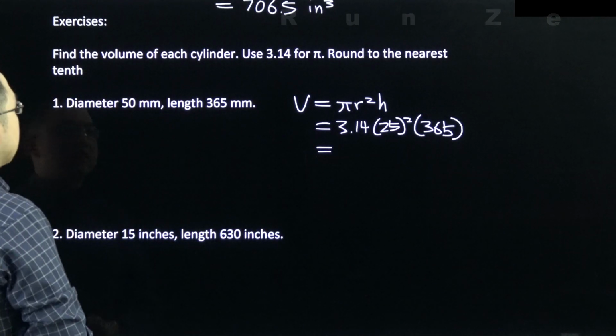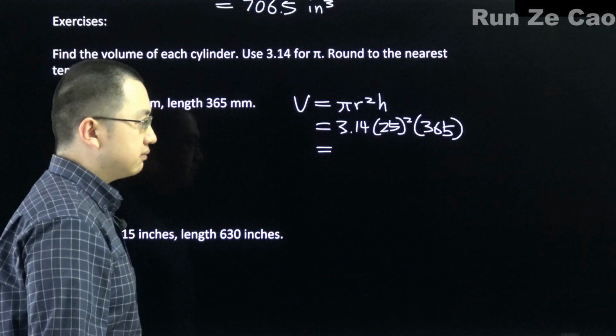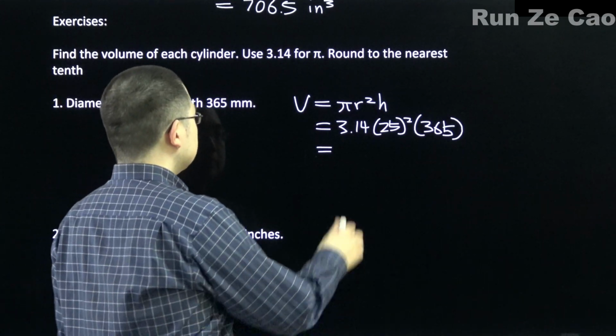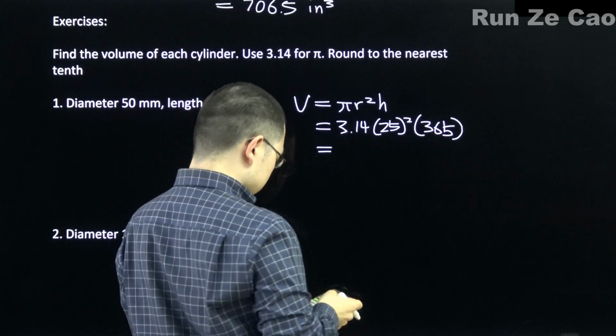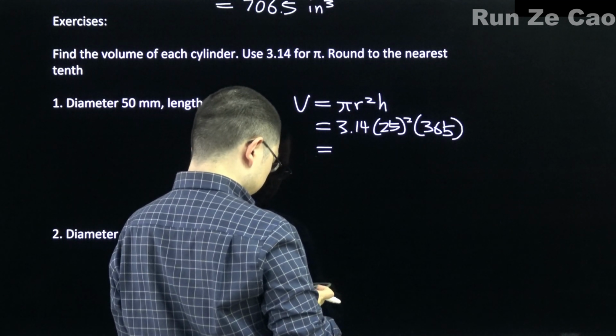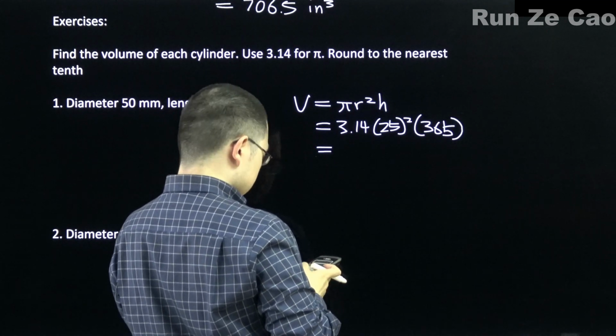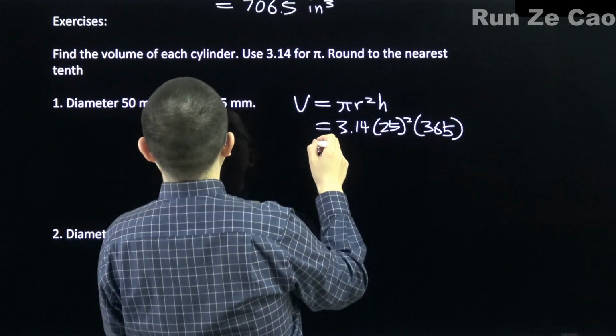Now the way that this says length suggests that this is a cylinder that's lying on its side. Now 25 squared times 3.14 times 365. Round to the nearest tenth.